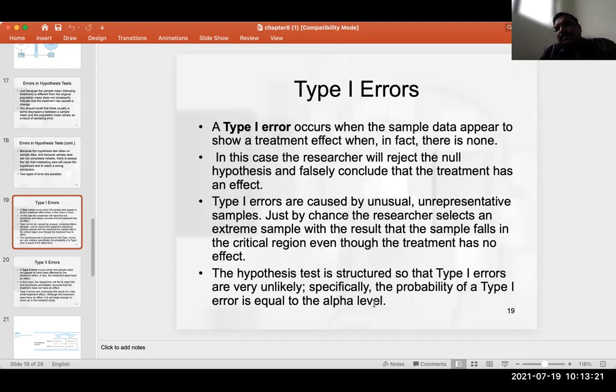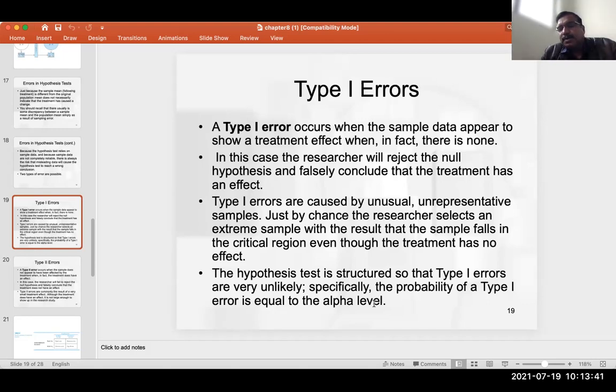So that depends upon the implication, right? How much he has to lose if a type 1 error happens. On that basis, we select the alpha level. How much certainty do we want?